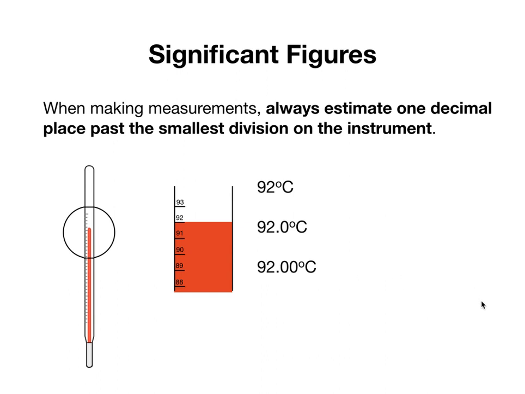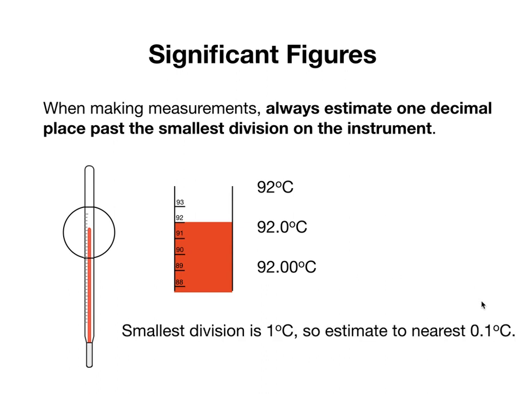Well, since the smallest division is 1 degree Celsius, we want to estimate one decimal place past that. We would have to estimate to the nearest tenth of a degree. So 92.0 degrees would be correct. Both of the others would be incorrect, okay?